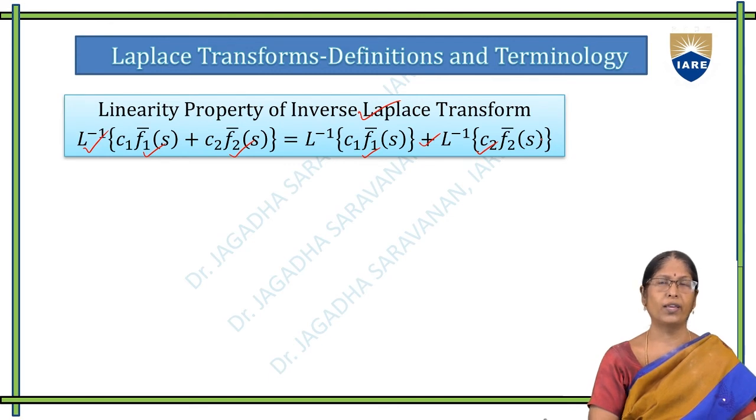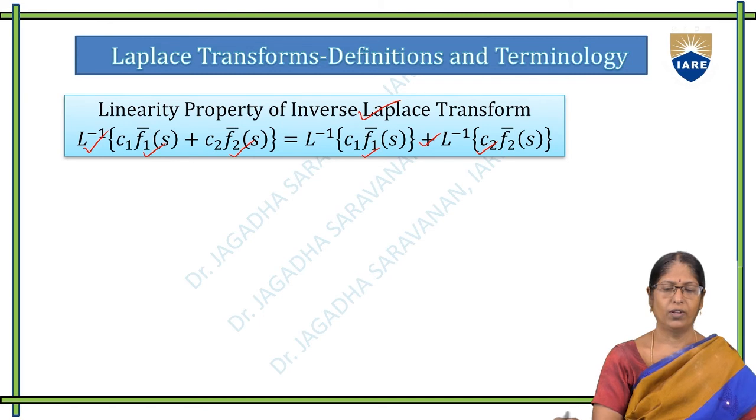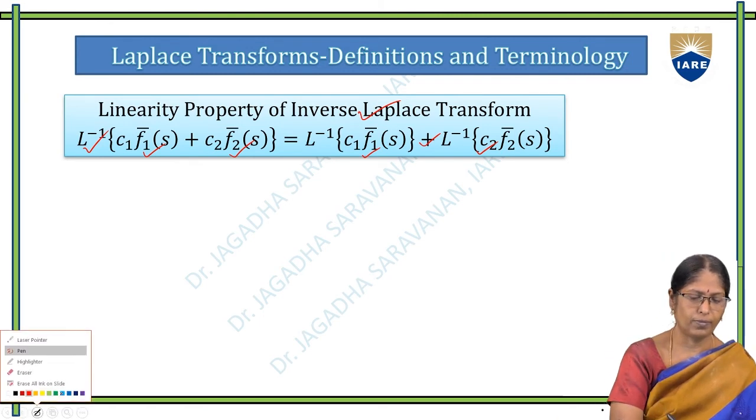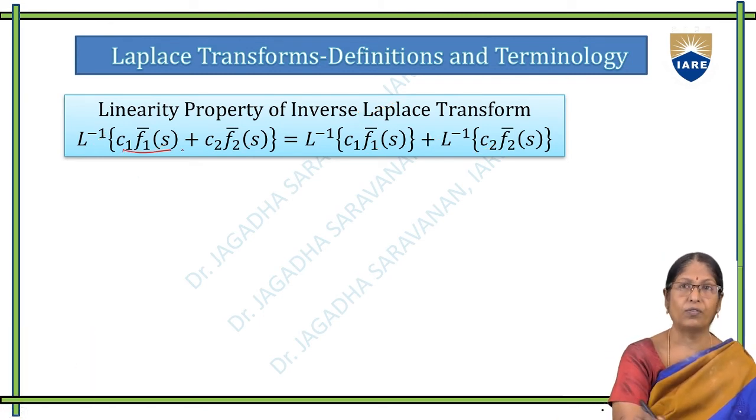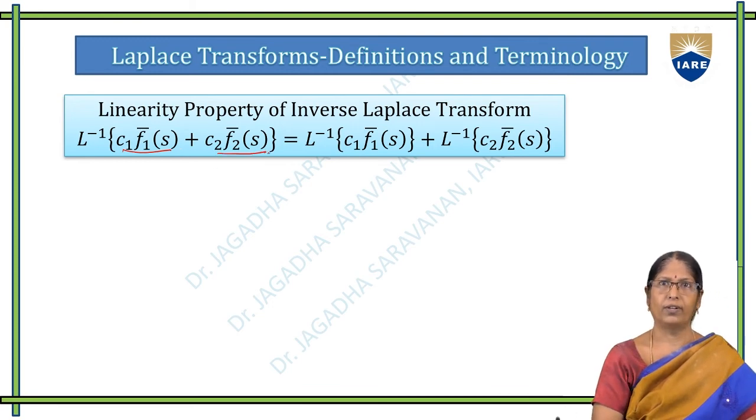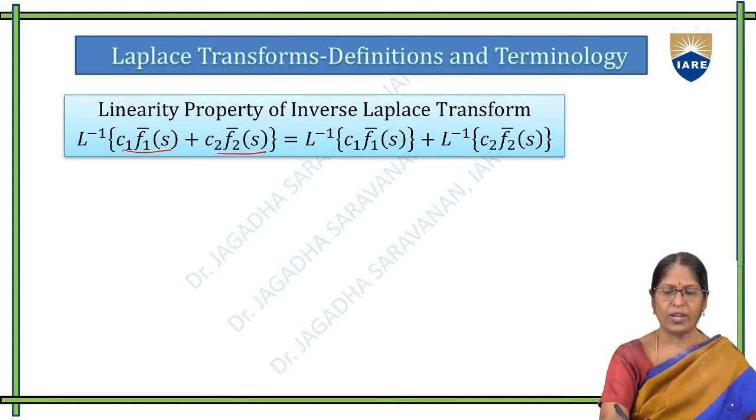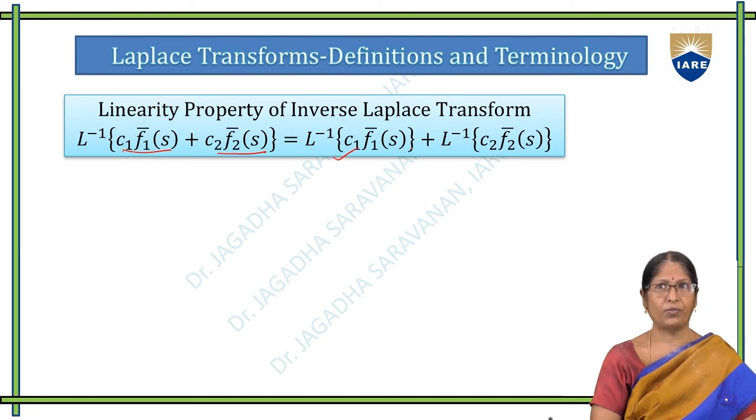The only difference is that here the inverse operator is playing the role. This is the first function, this is the second function, that is C1 F1 bar of s first, C2 F2 bar of s second. Separately, we can write L inverse of the first function, L inverse of the second function.